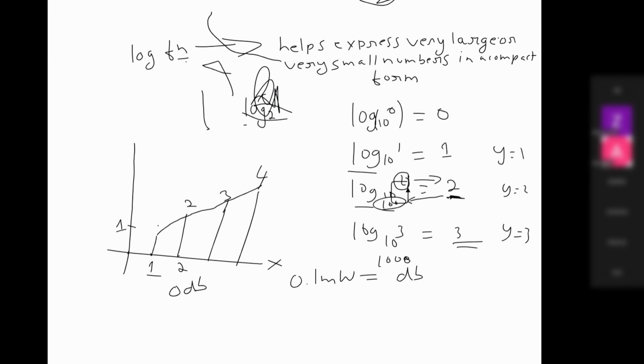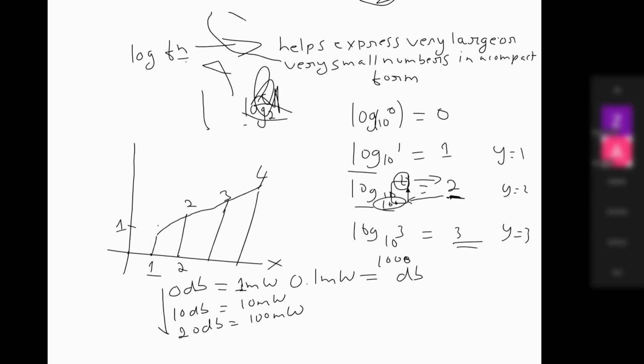If I want to represent 0 dB, I will say 1 milliwatt. And if I want to represent 10 dB, I will say 10 milliwatt. And 20 dB, then it is 100 milliwatt. So why it is like that, I will explain.